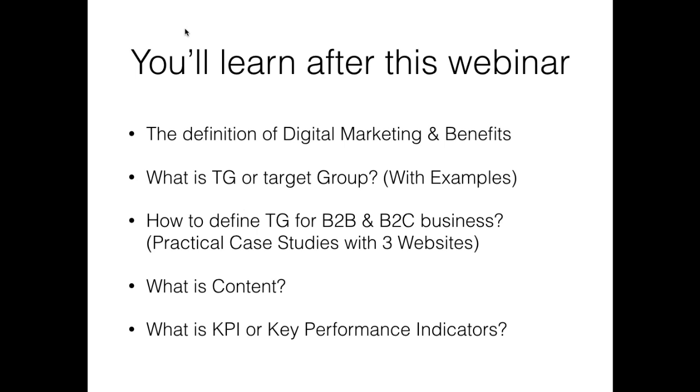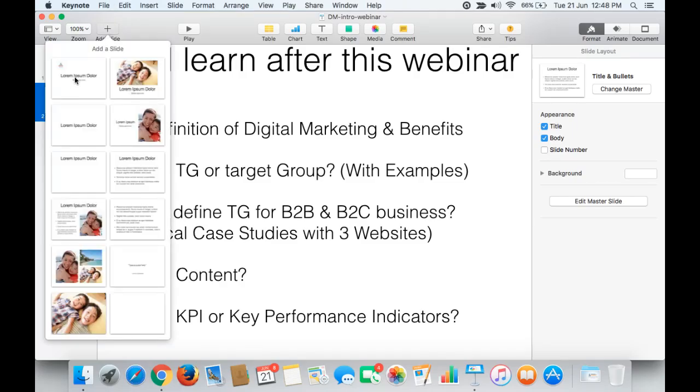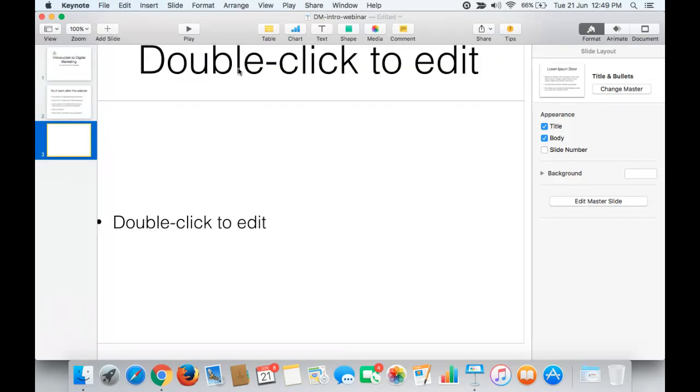Okay, fine. So now it move to the next part, the benefit. So let us do one thing. First of all, I would write here the definition of digital marketing.